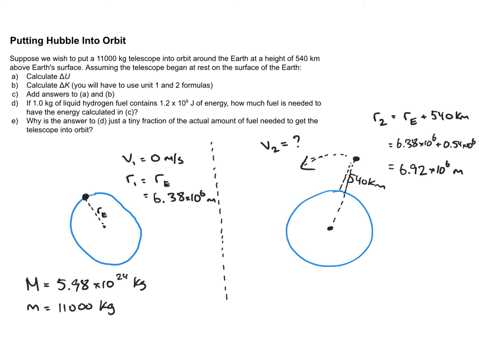All right, so I'm going to start a new slide then. Part A, calculate delta U. Calculate the change in gravitational potential energy. That's going to be the final gravitational potential energy minus the initial gravitational potential energy.